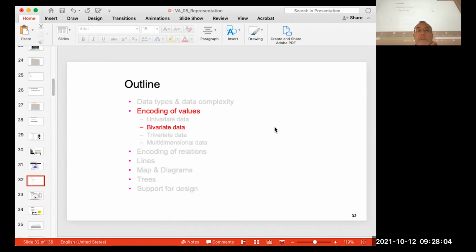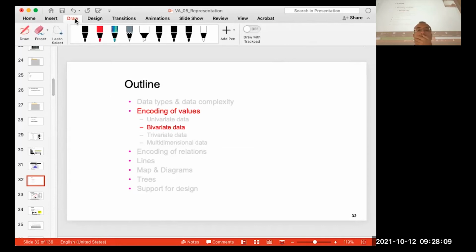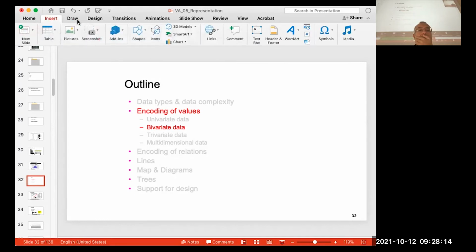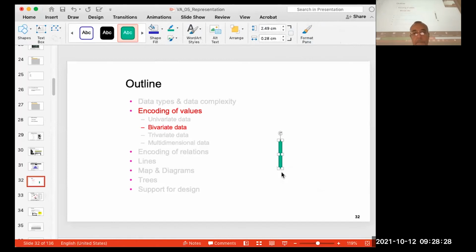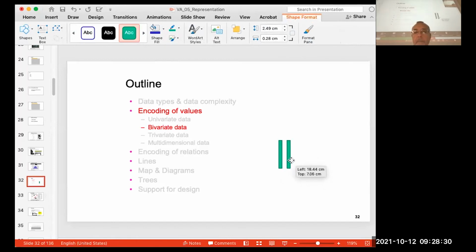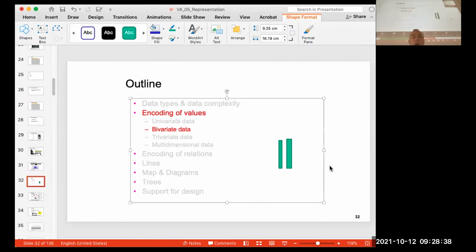Let me go for some drawing here. Look at this example.